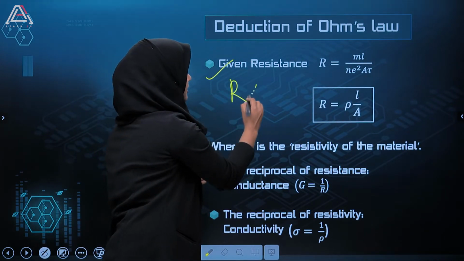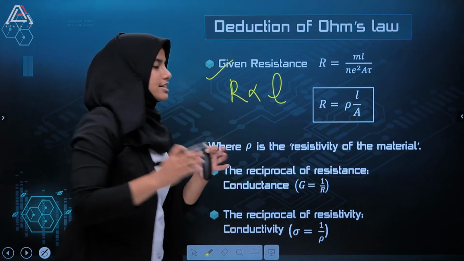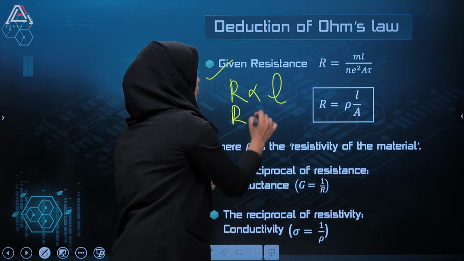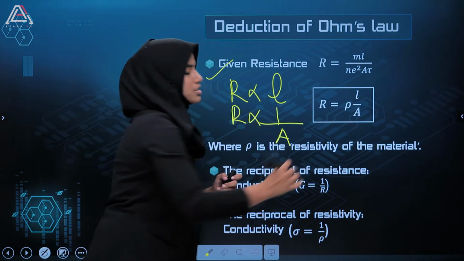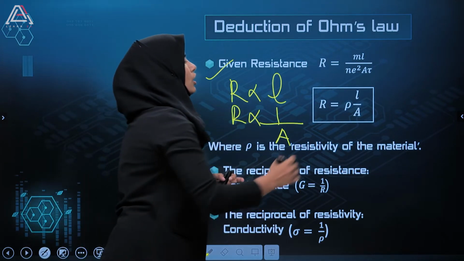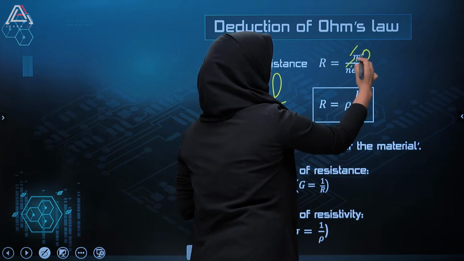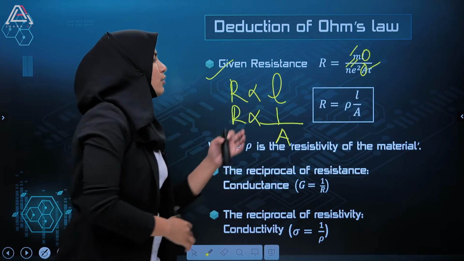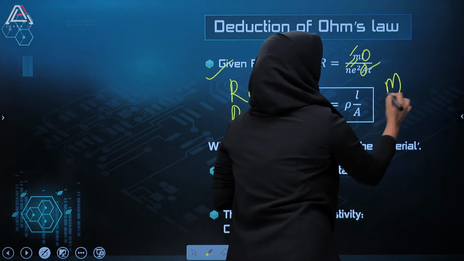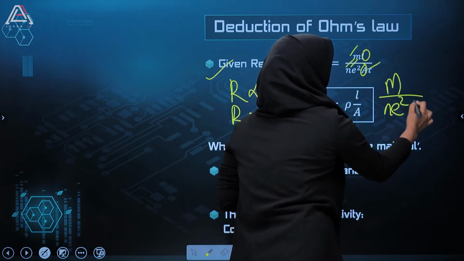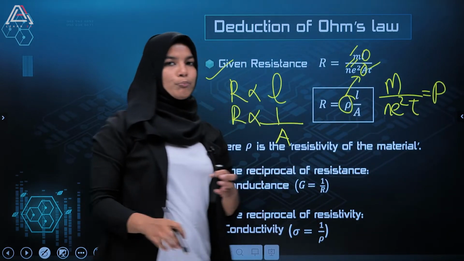From this equation, I can say that resistance is directly proportional to the length L, and it is also inversely proportional to the area. All the other terms other than L and A are constant: m, n, e squared, and τ, and that value is taken as rho. m by ne squared τ is equal to rho.